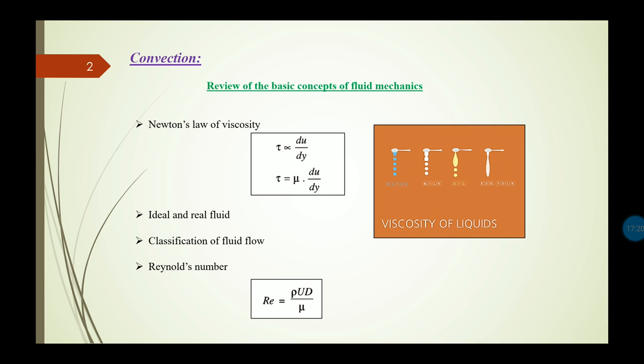When it is between 2000 or 2200 up to 4000, it is the transition zone, the unpredictable zone of the fluid. That means the fluid is neither fully laminar nor fully turbulent. But when the Reynolds number is greater than 4000, the flow is fully turbulent in case of a closed conduit or pipe.